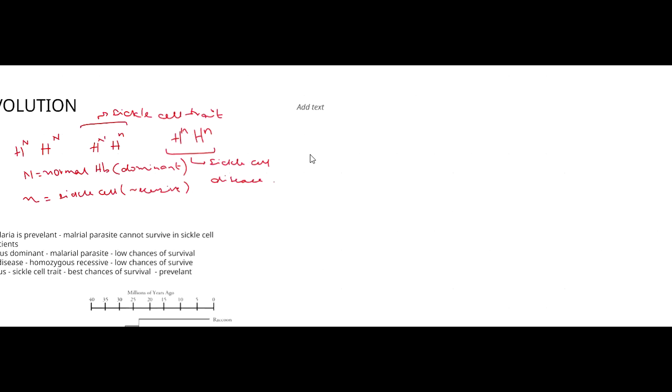Same thing is true for new diseases. A disease that spreads very rapidly can easily spread through an entire species and cause them to become extinct. And finally, competition, right?